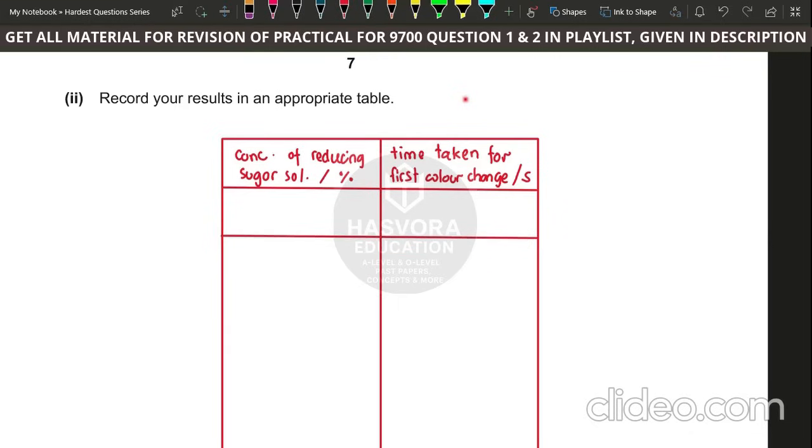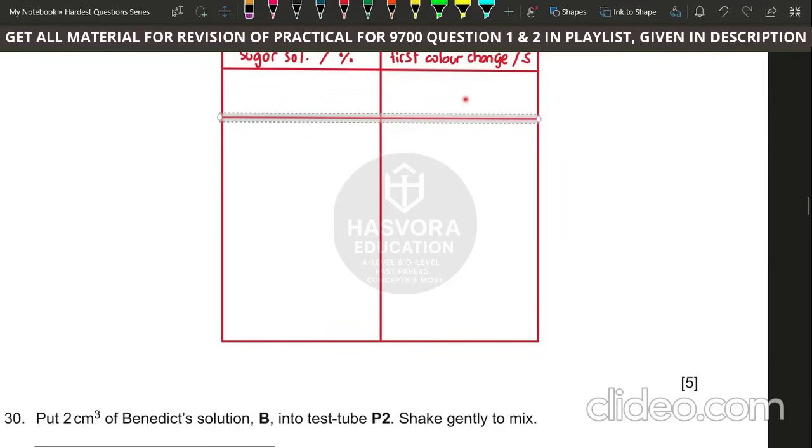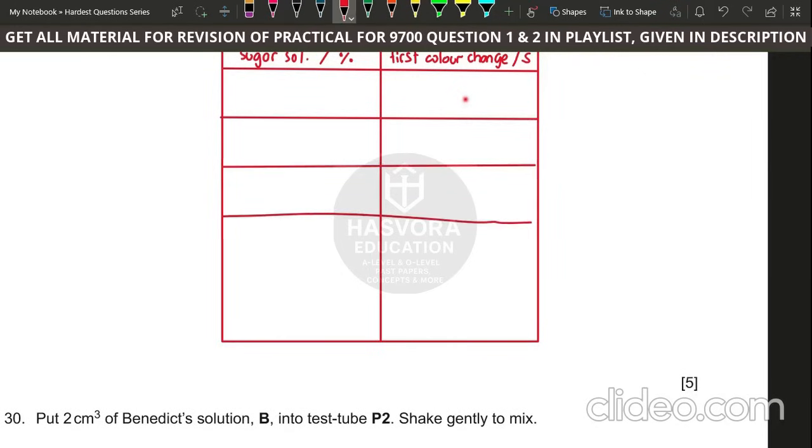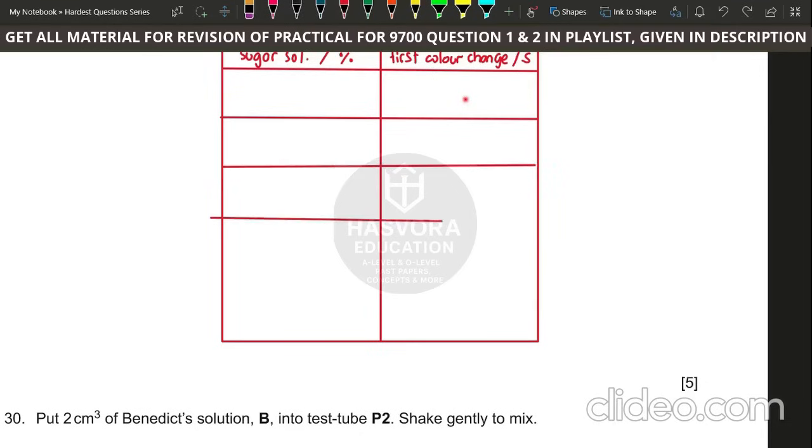So this is row 1, then this will be row 2, then let me just draw this again. This will be row 3, then row 4, and the last one is row 5.